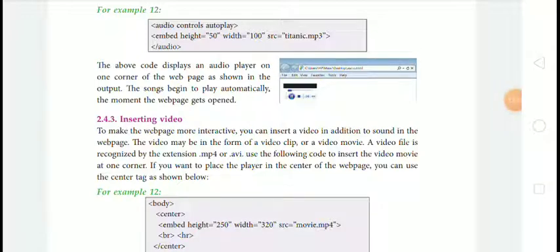Audio controls autoplay. Embed height equal to 50, width equal to 100 and src equal to titanic.mp3, then close the audio tag. The above code displays an audio player on one corner of the web page as shown in the output.